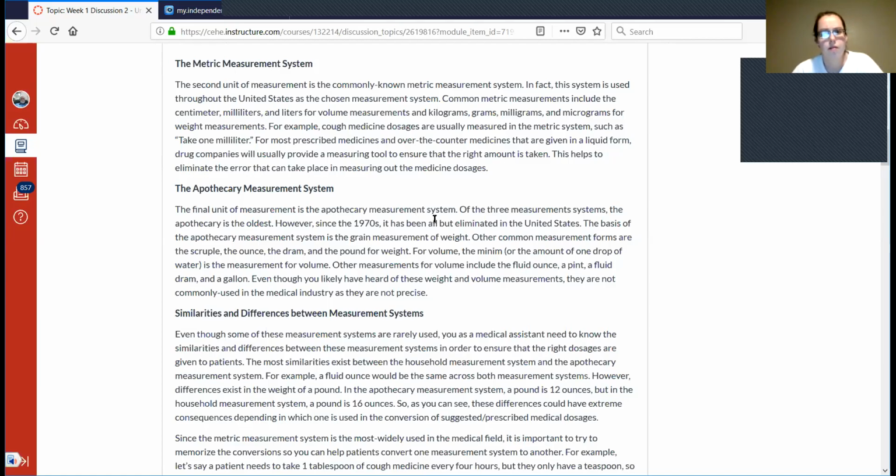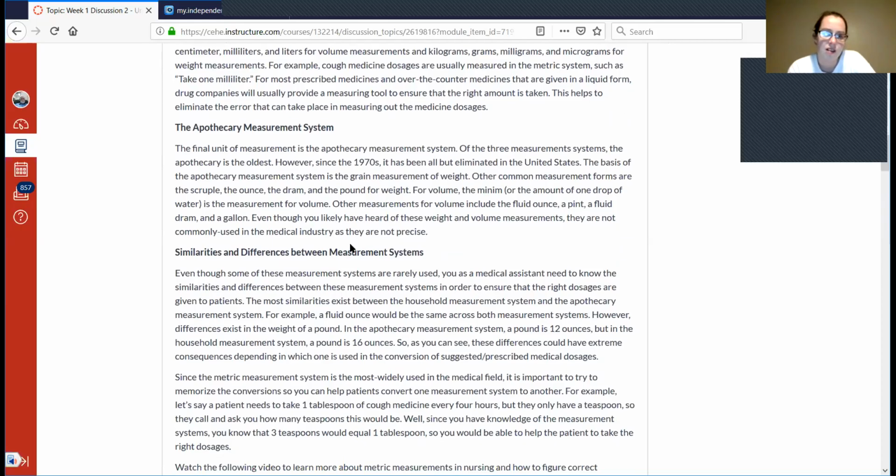And that's just an ancient holdover from the old days of the apothecary system. Apothecary is the old word for a pharmacist. And up until the end of the 19th century, that was what all of the pharmacy shops were called, apothecary shops. So that's where that comes in.